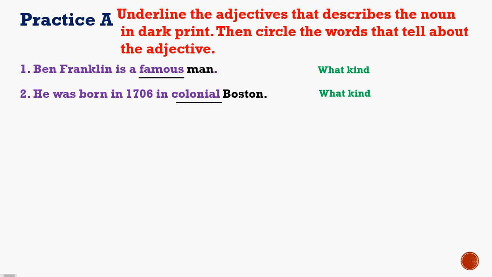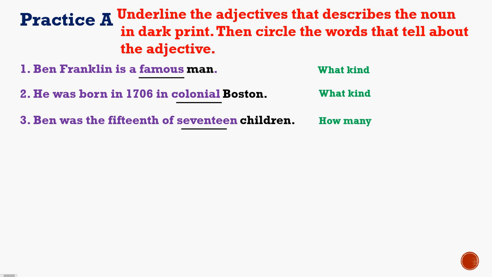Number 3. Ben was the 15th of 17 children. The noun over here is children, and the adjective is, good job, 17. So in this case, is it what kind or how many? Good job, guys. It's about how many.